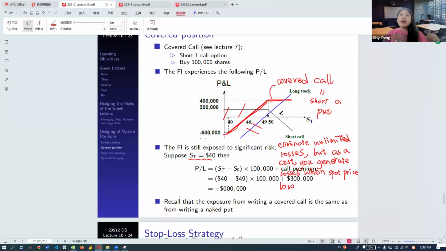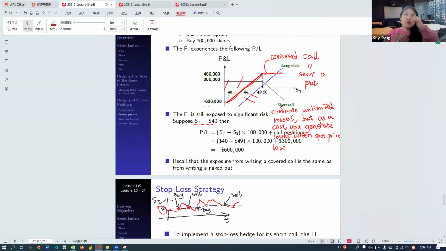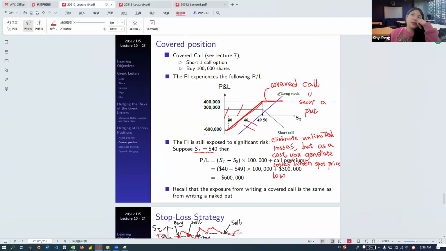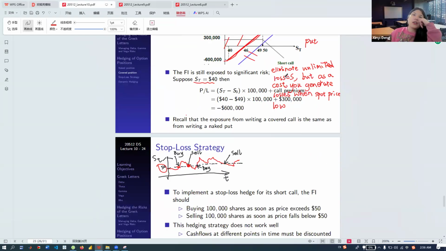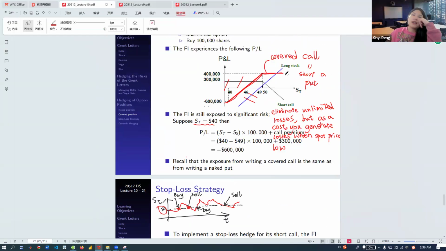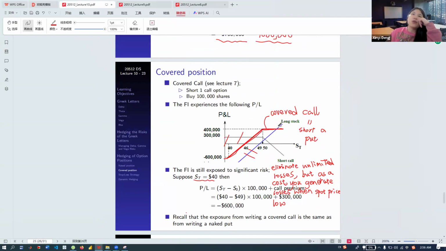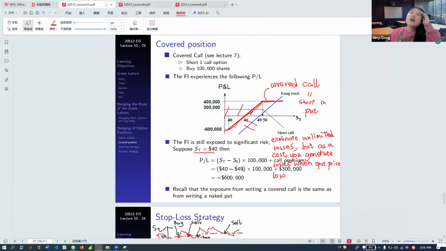You can get an intuition of what this strategy is trying to achieve by looking at the covered position here. For the covered position, sorry, actually here we are longing the underlying always, right?